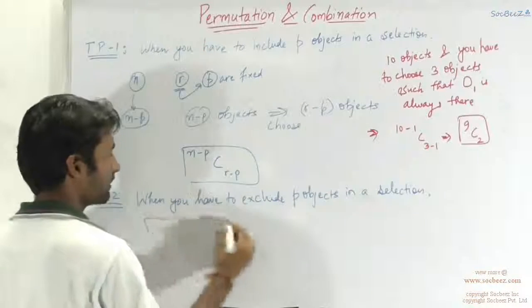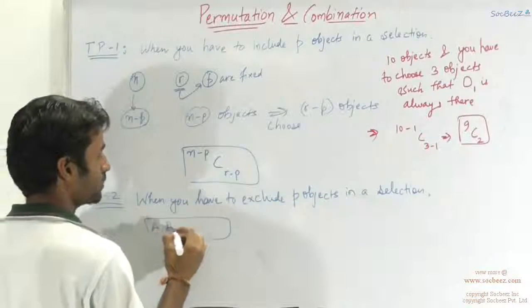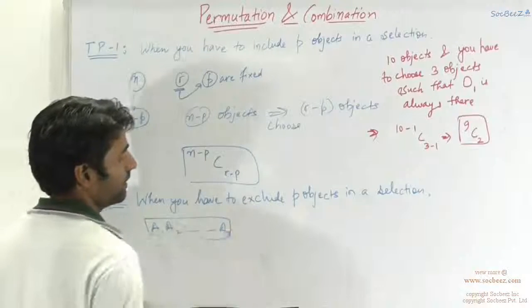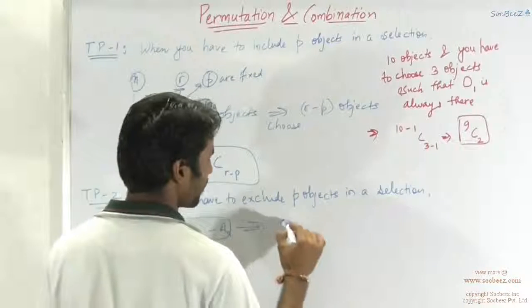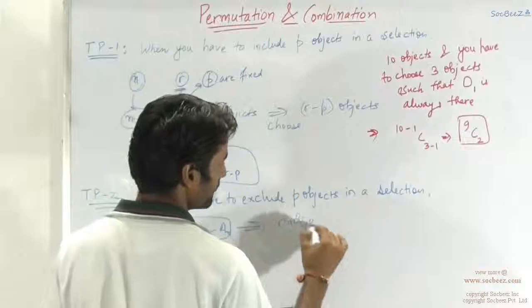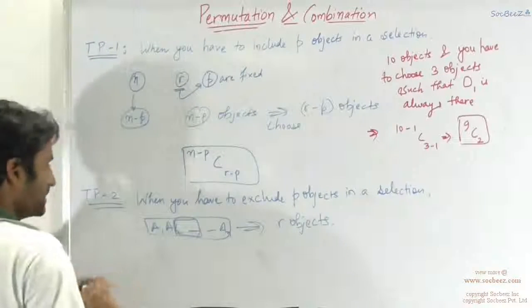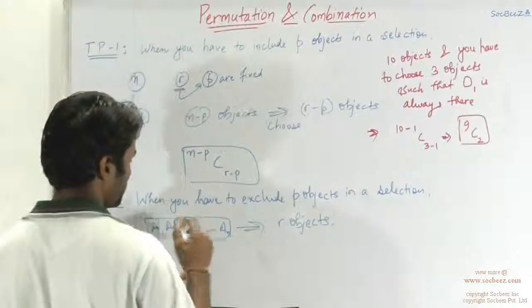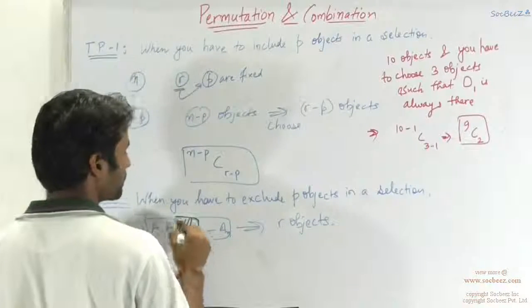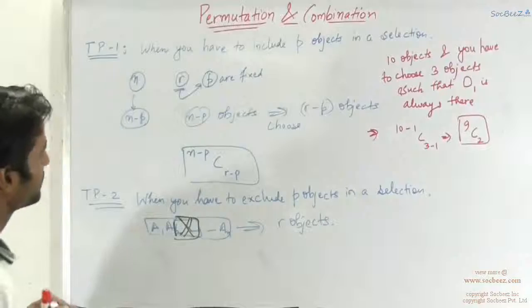That is, you are given a set A1, A2 till An and you have to choose r objects from it such that a set of p elements, these p elements, you can't choose from them. You can't choose any of the elements from them.